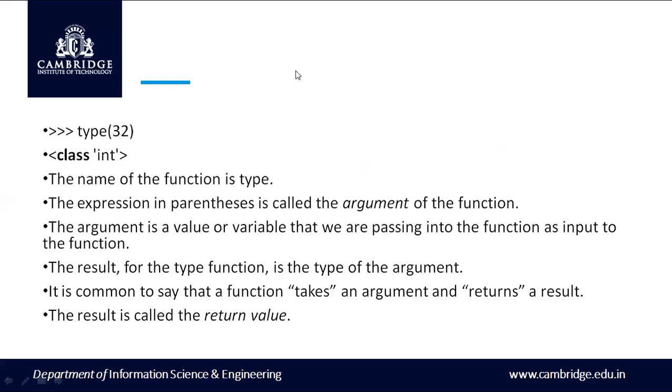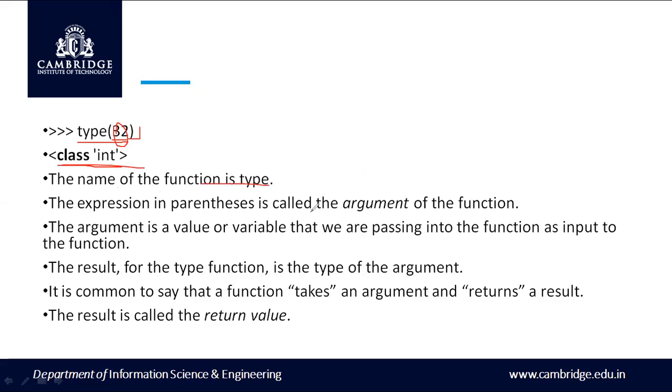Here you can see an example for the type function. Within the parentheses, the value 32 has been passed. Once this statement is executed, we get the answer class int. That means the type function tells the data type of the argument passed within the parentheses. The name of the function is type.